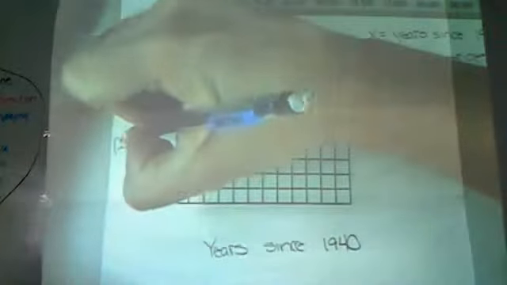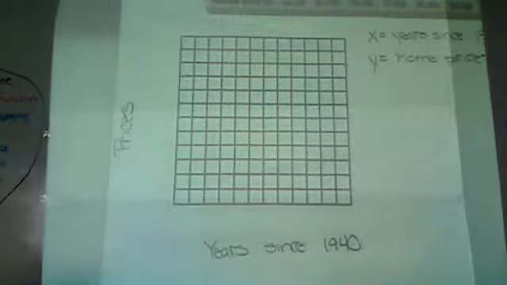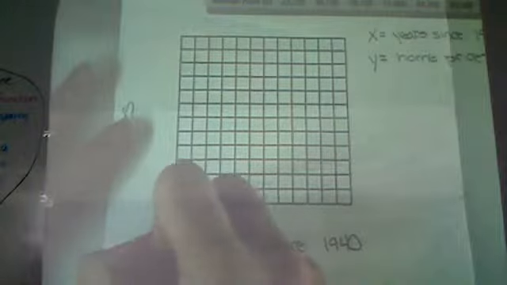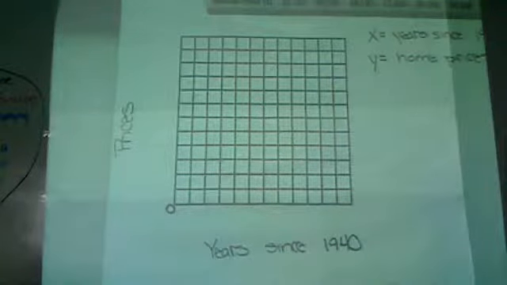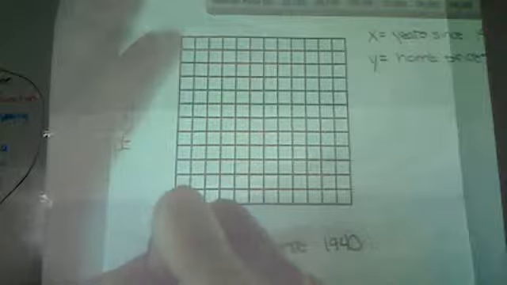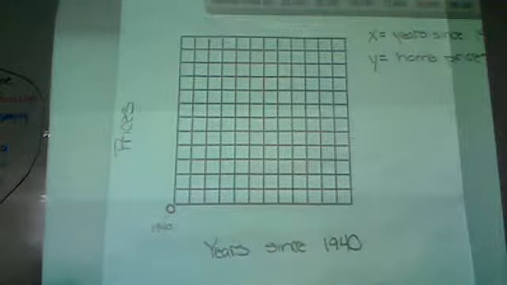And then prices will be my y-axis. We're going to start, this is going to be 0, because think about it, when you start at 1940, how many years have passed? None. No years have passed when you start at 1940.